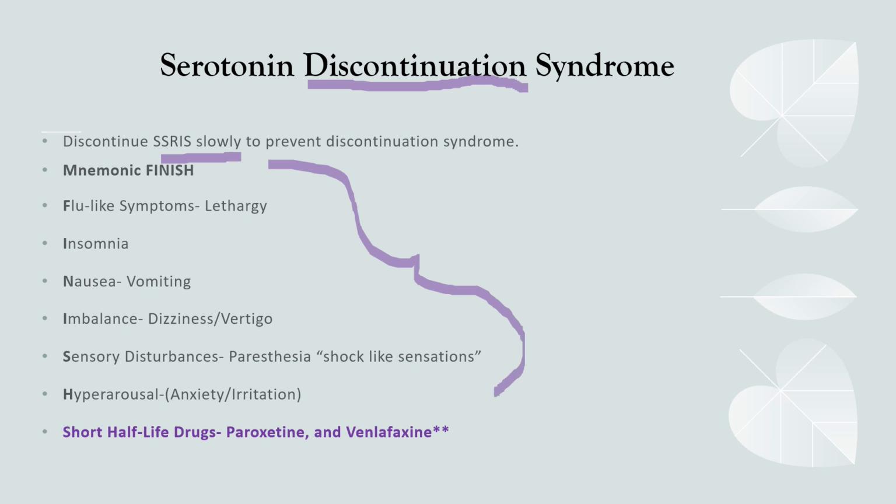So patients will present with flu-like symptoms, lethargy, chills, insomnia, nausea, vomiting, imbalance, dizziness, vertigo, sensory disturbances, shock-like sensations, and hyperarousal such as anxiety and irritation. Short half-life drugs are the biggest culprits of this, such as paroxetine and venlafaxine.